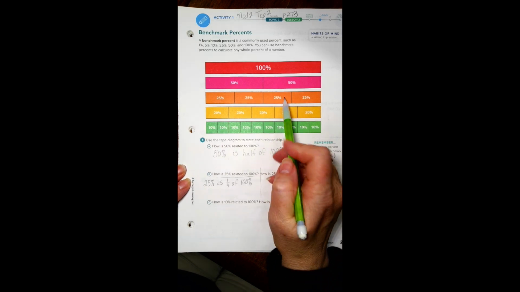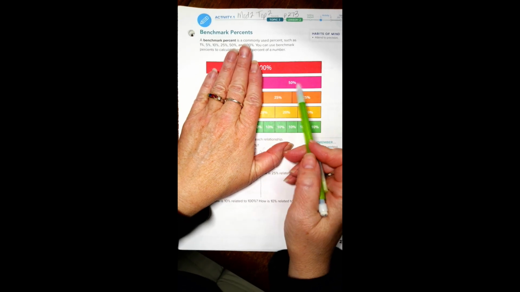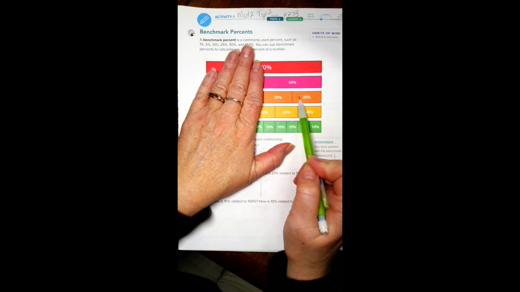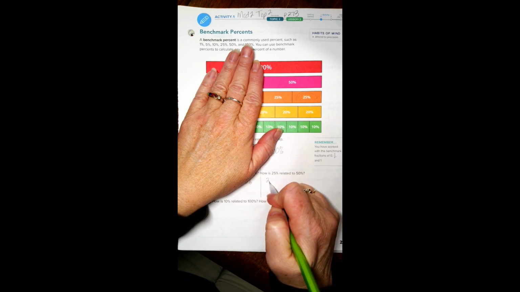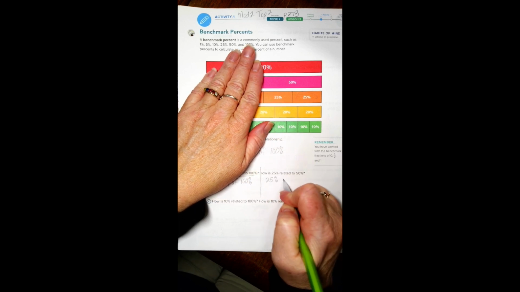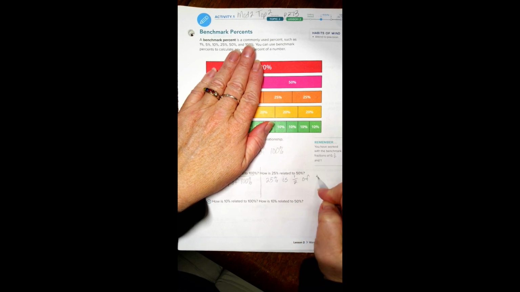How is 25% related to 50%? If I'm just looking at 50%, how is 25% related to that? We could say 25% is half of 50%.